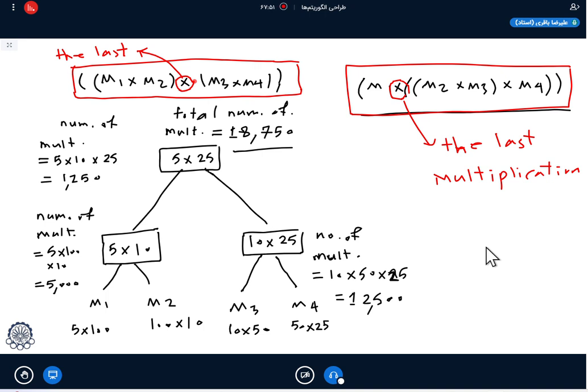In the right side, first you do this multiplication, the second one is this one.